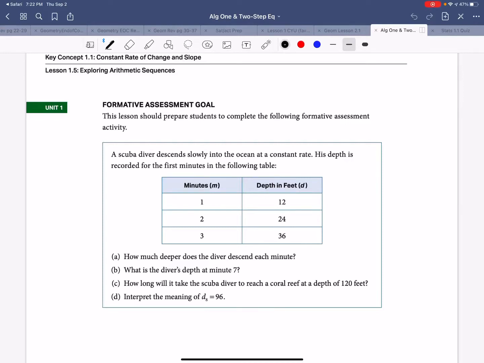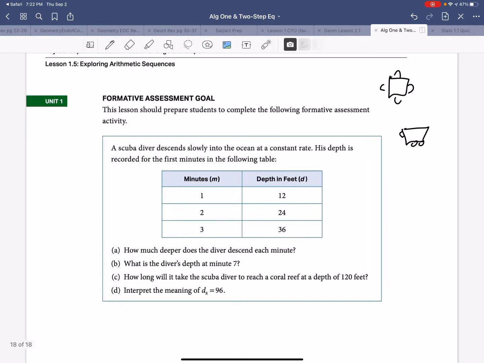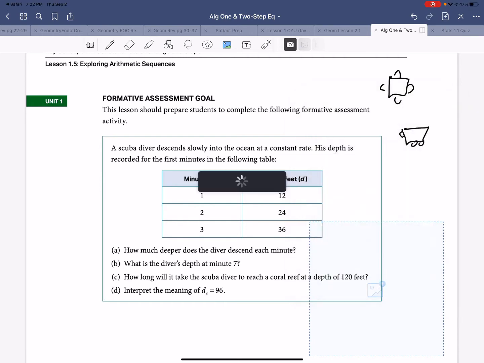Hey guys, we took notes today on the table problem and the shopping cart problem. We looked at this formula, so I took a picture of it so I can import it here.